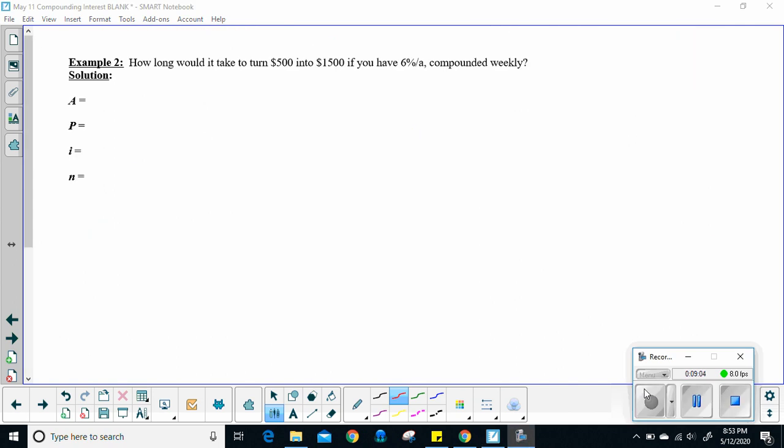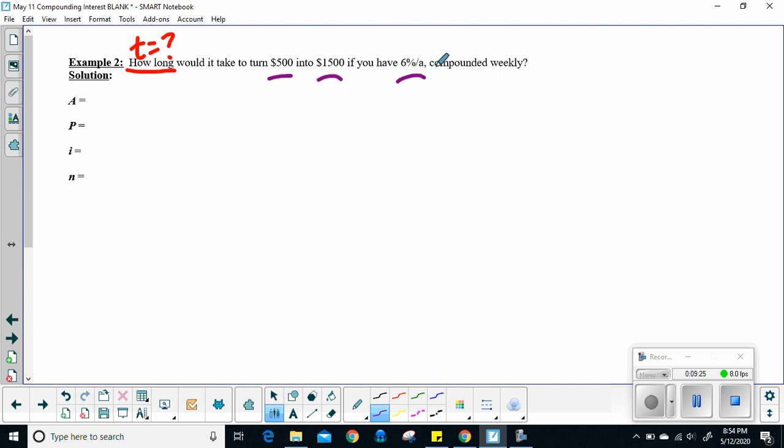Okay, so now we're going to keep going with the same kind of equation, only we might have to do a little rearranging here. Let's look. All right, what do we got? How long, oh, right there, that means that T is going to equal the question mark. How long would it take $500 to turn into $1,500?